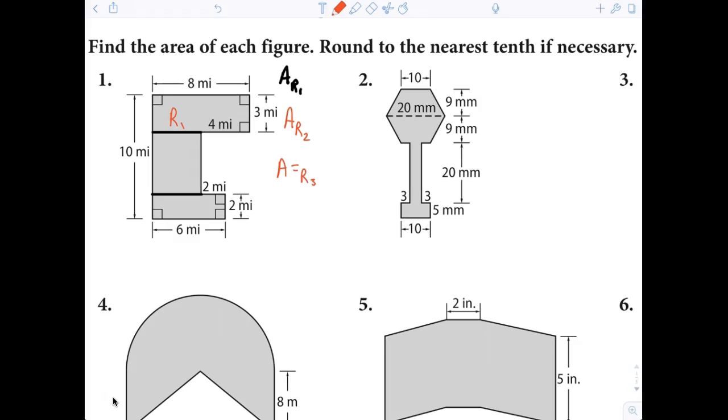So this is like rectangle 1, rectangle 2, rectangle 3. Who remembers how to find the area of a rectangle? Multiply all the sides, or just the what? Yes, so I want everybody to write down length times width, length times width, and length times width.